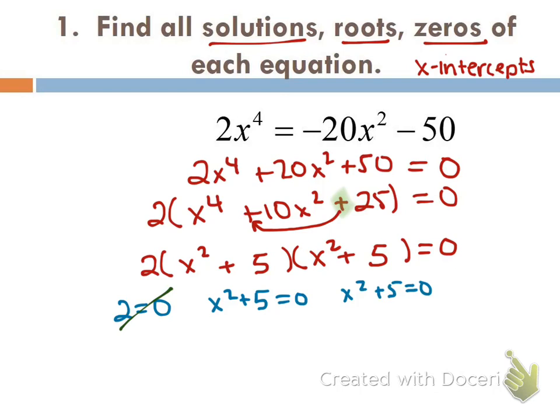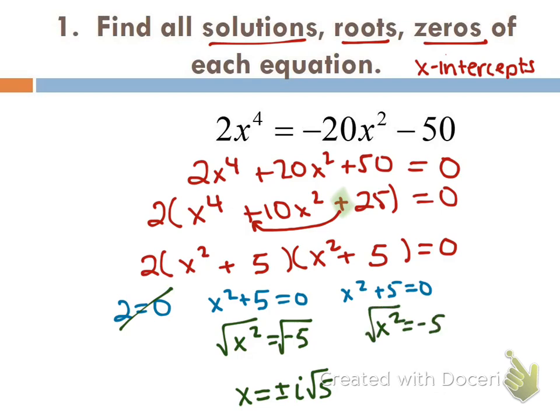I'm going to solve the middle one by subtracting 5 from both sides. And then I square root. I get x is equal to plus or minus i radical 5. I'm going to do the same thing with the second one, so subtract 5 from both sides, square root, and we get plus or minus i radical 5.